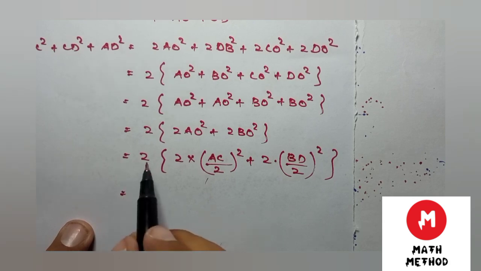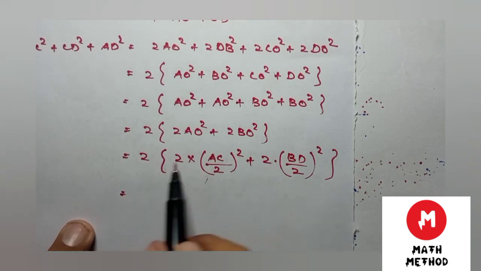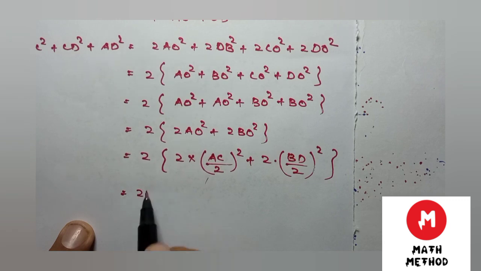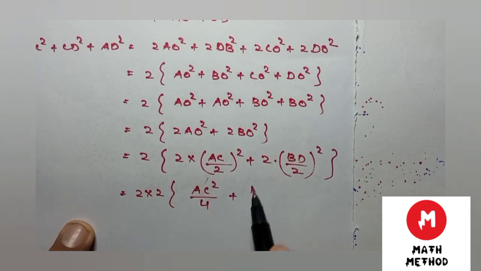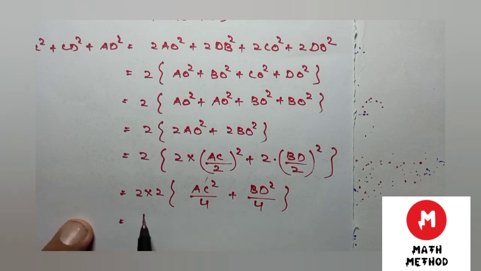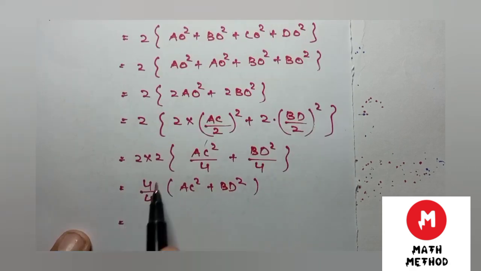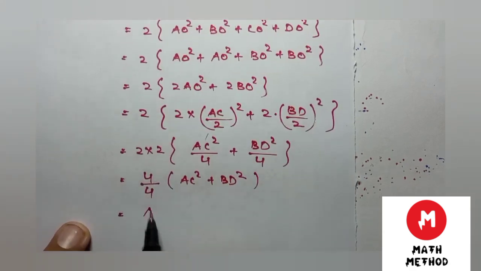Taking 2 as common, this is 2 into 2, AC square upon 4 plus BD square upon 4, which is 4 by 4 into AC square plus BD square, which is AC square plus BD square.